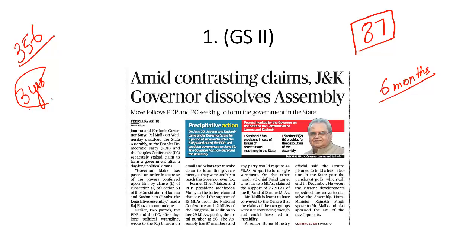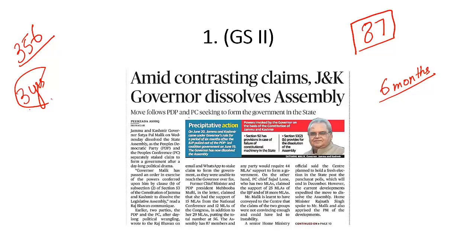After the expiry of the 6-month period, there will be a president's rule, and there is no upper limit for the president's rule when it comes to the Jammu and Kashmir state. Unlike other states where 3 years is the maximum limit, in Jammu and Kashmir there will be governor's rule for 6 months, and then no upper limit for the president's rule under Article 356 of the Indian Constitution.